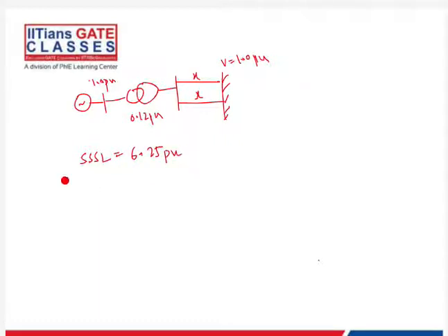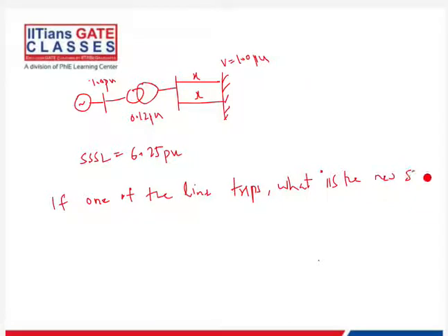So now the question is, if one of the lines trips, what is the new result?